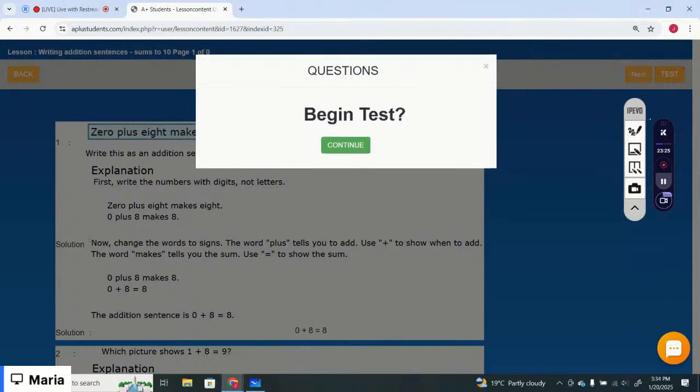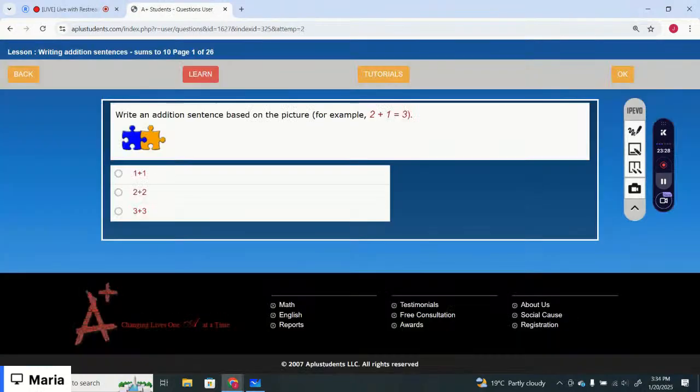Let's just start with the test questions. Write an addition sentence based on the picture. You need to count 1 plus 1, 1 blue and 1 orange. That makes 1 plus 1.